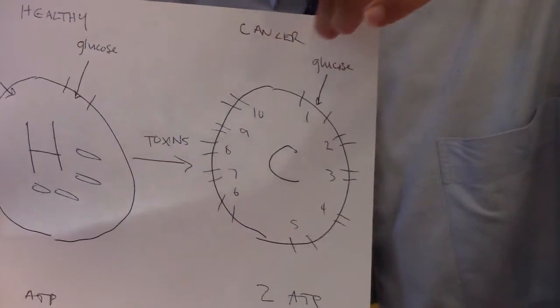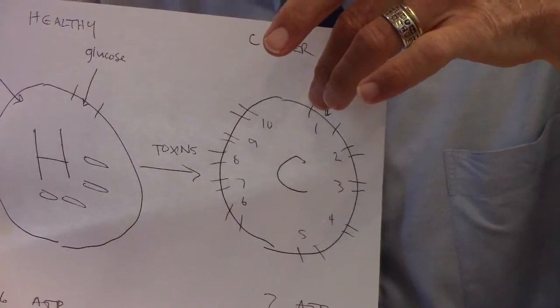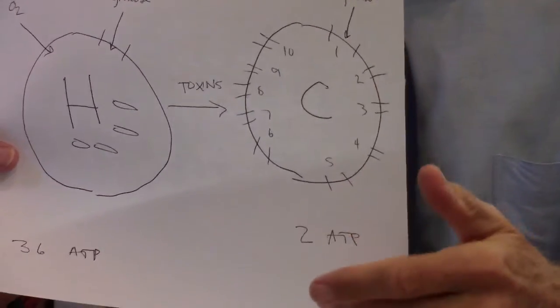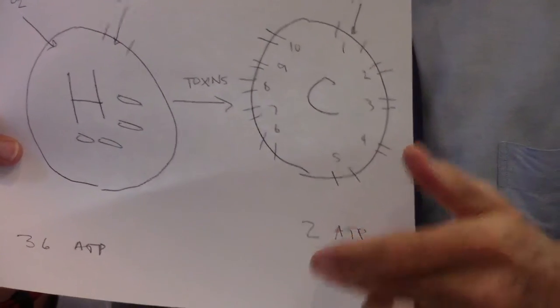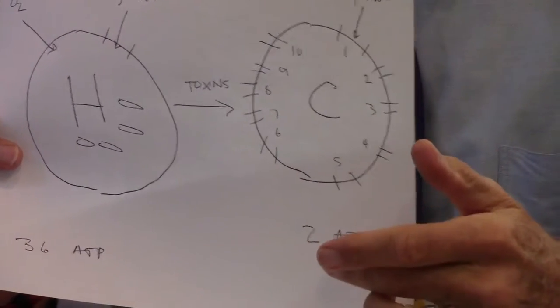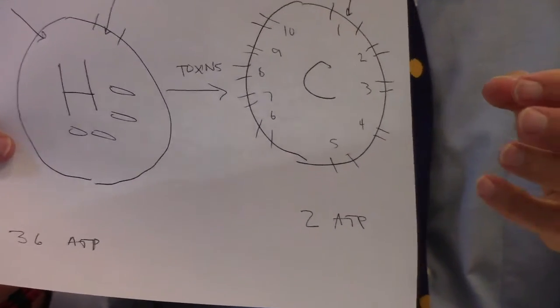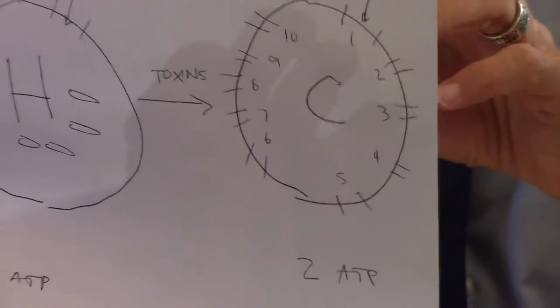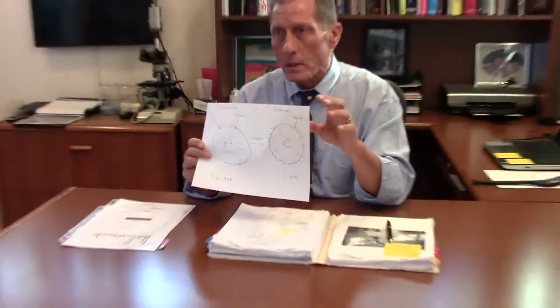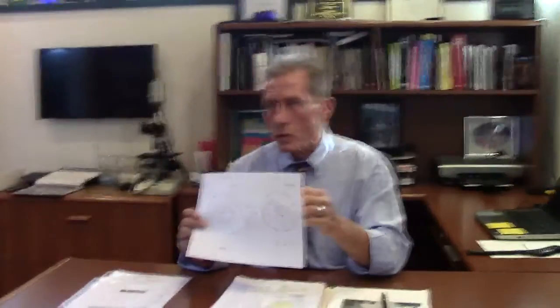And when it just uses sugar, it can only make 2 ATPs. The cell can't live right on 2 ATPs. And it starts to change. Either it's supposed to kill itself, but it doesn't do it. And it changes itself so that now it can live.